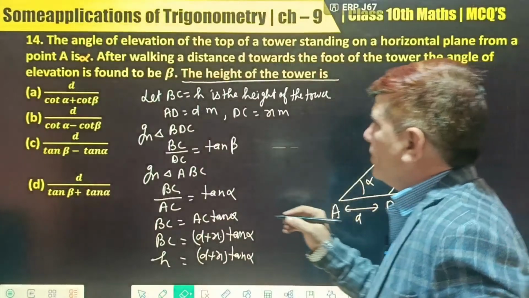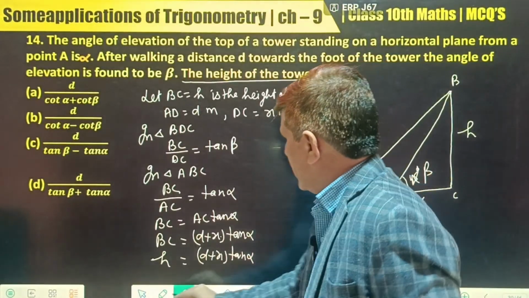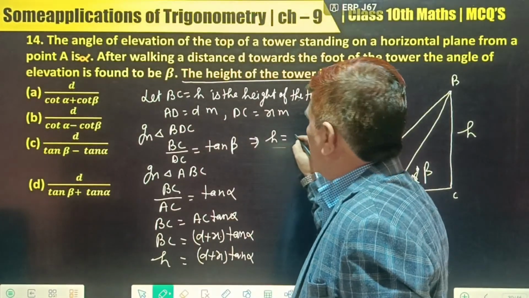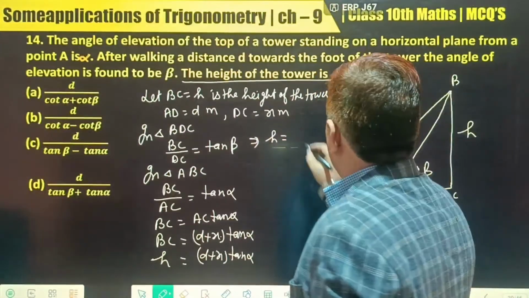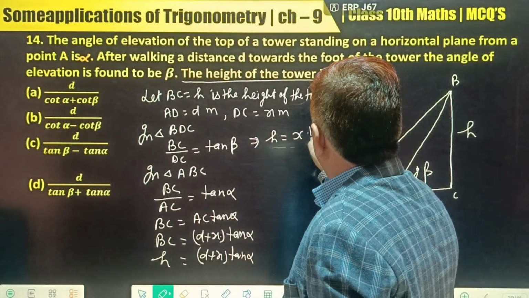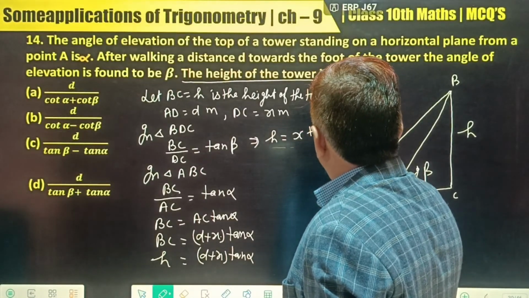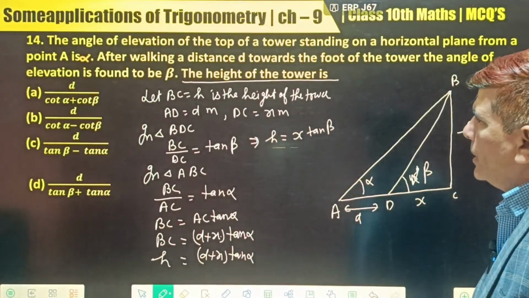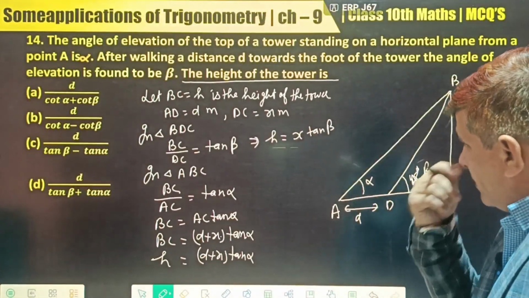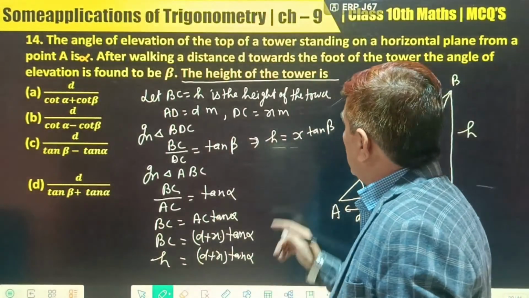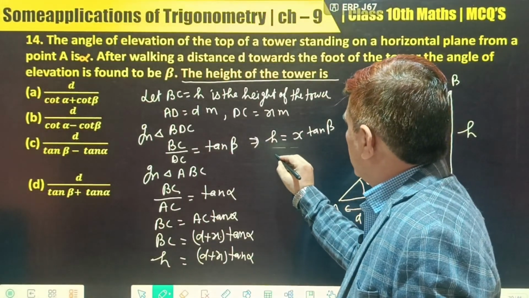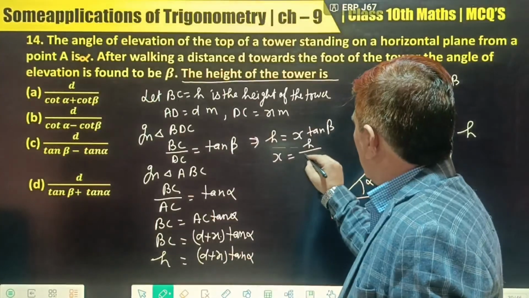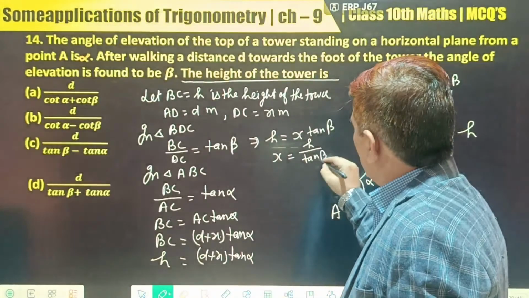This is BC, so H equals DC, and DC equals X tangent beta. We have to find out the height, so we can find X is equal to H by tangent beta.